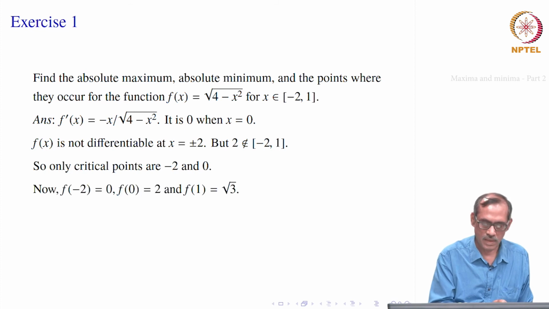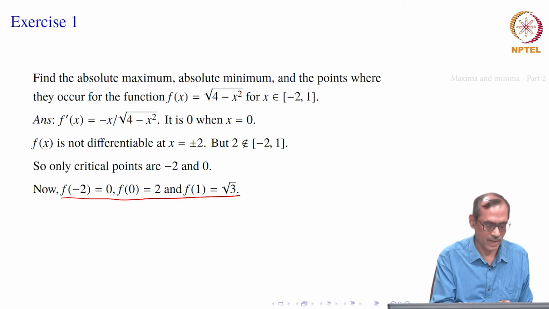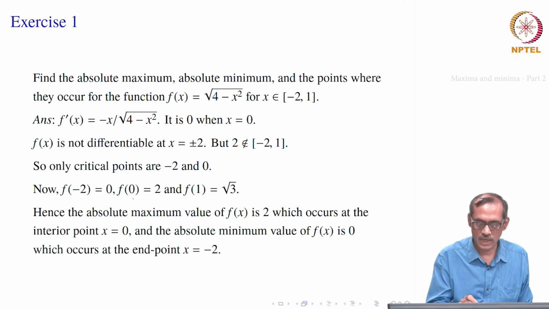So, we just evaluate at minus 2, 0 and 1. We find that f of minus 2 is 0, f of 0 is 2 and f of 1 is root 3. So, it has a maximum value 2 at x equal to 0 and it has a minimum value 0 at x equal to minus 2.